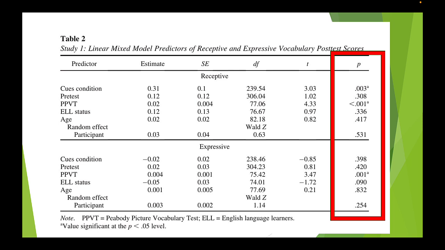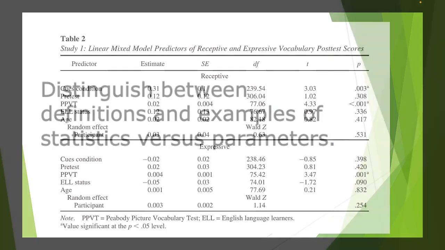And if you didn't read the study, none of this probably makes too much sense. But I'm just pointing out the fact that these tables do generally include probability estimates in there as well. So learning some of this vocabulary is really important.